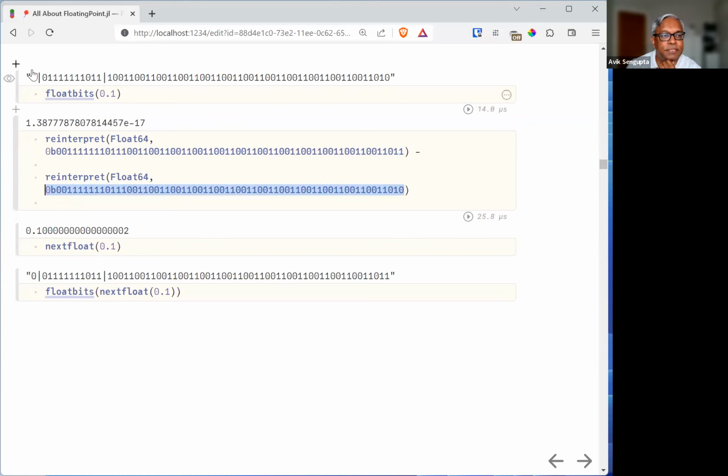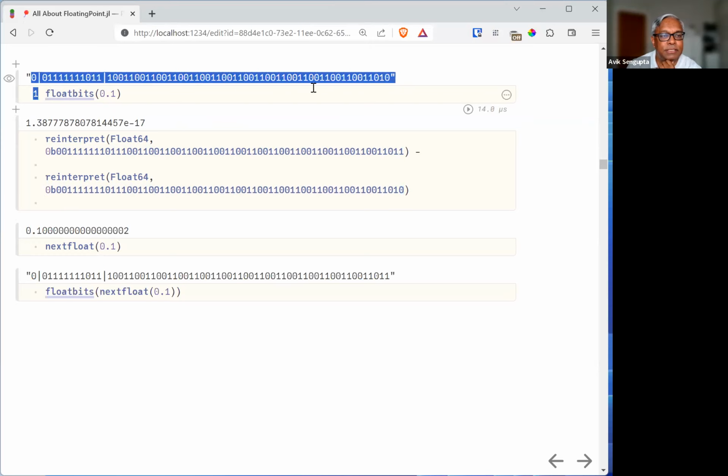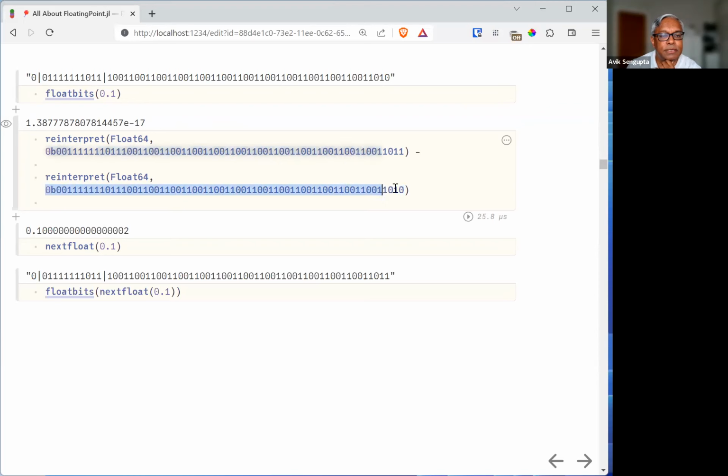You will see it is the same as this number here, essentially the same as float bits of 0.1. Now we take this number and change the last 0 to a 1, so everything is the same, except the least significant digit has been changed from 0 to 1.